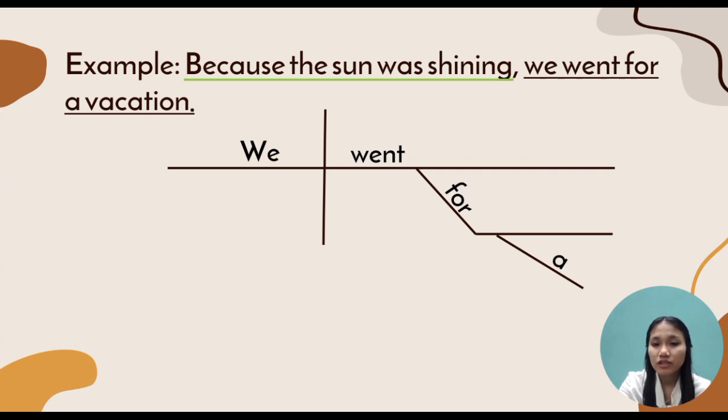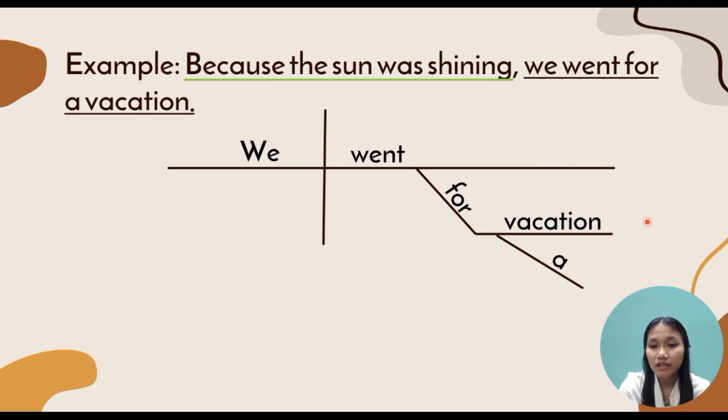That is why, again, we are going to make use of symbols like this: a slanting line below our verb, and a horizontal line to write our verb.